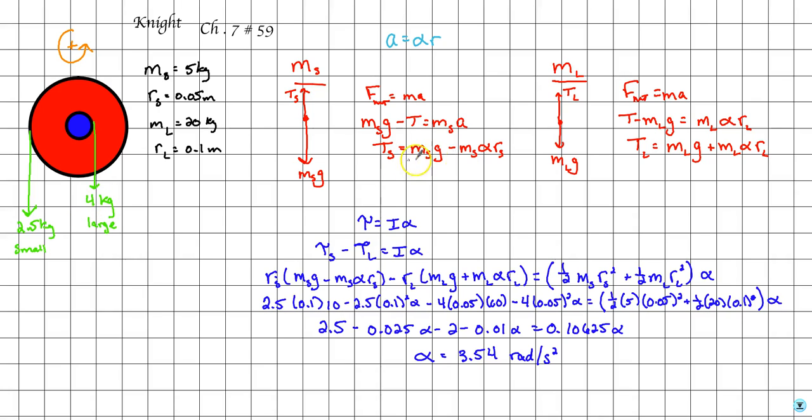It is the weight minus the acceleration term in one case, and the weight plus the acceleration term in the other. Once you get that, it's a lot of stuff, but it's not too difficult, and you come out with this answer. So that was problem number 59 for chapter number 7.